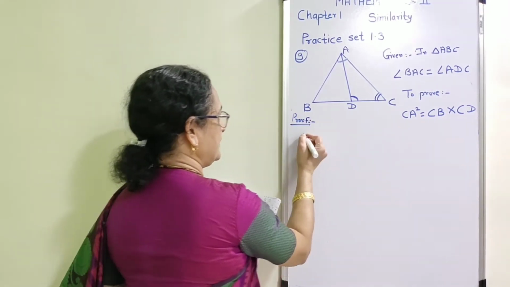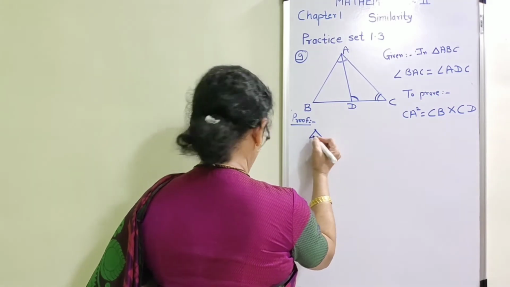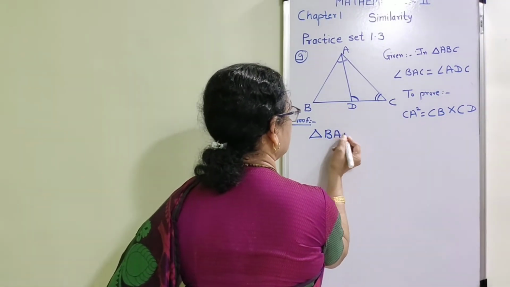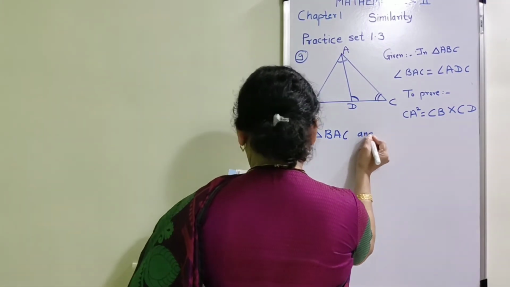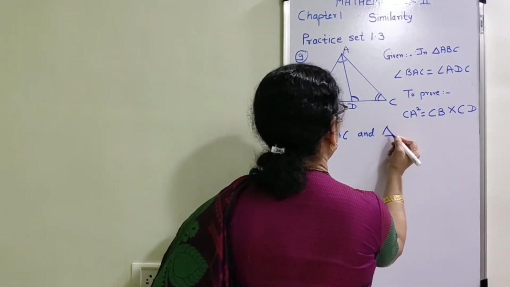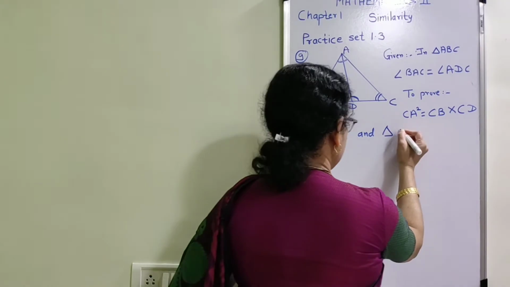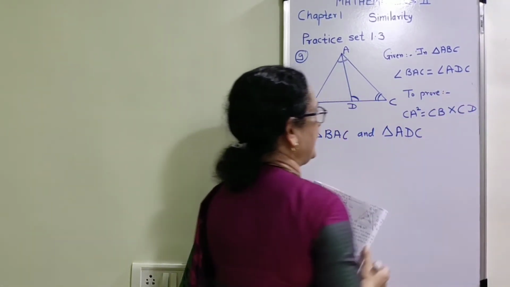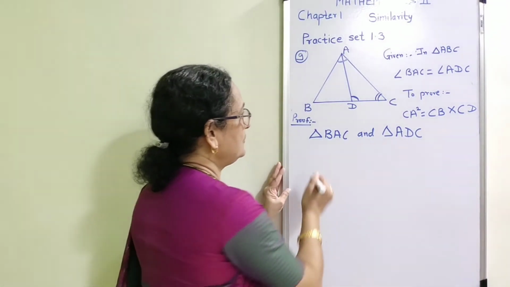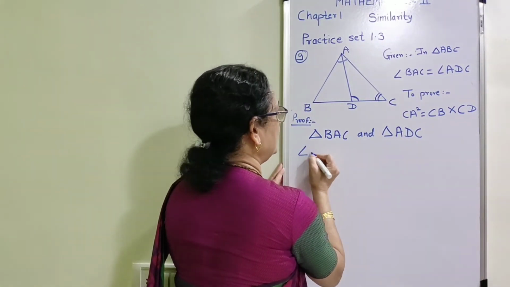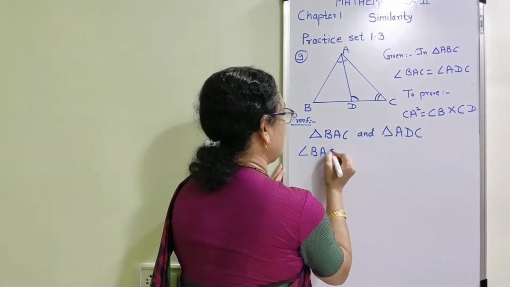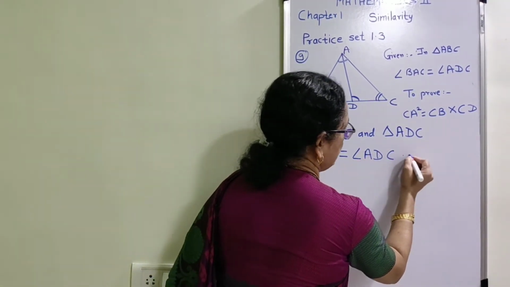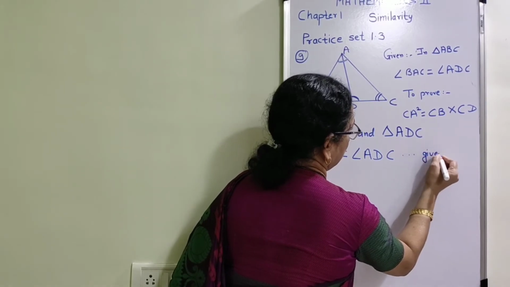I am going to consider the two triangles, triangle BAC and triangle ADC. I have taken the names from the given pair of angles. Write down the first pair, angle BAC is equal to angle ADC, that is given.